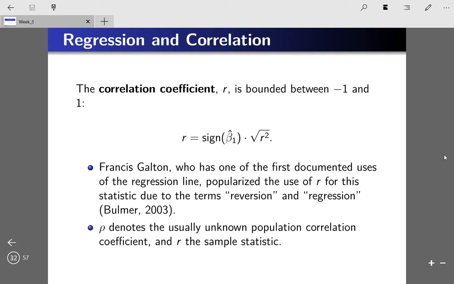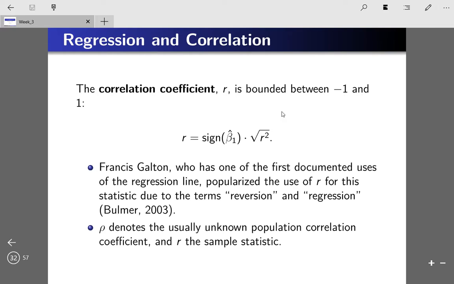And specifically for simple linear regression, we calculate this as the sign of the regression slope estimate times the square root of R squared, the coefficient of determination. So this is one formula to get the correlation coefficient, but there's many. And we'll see some of those in just a bit.